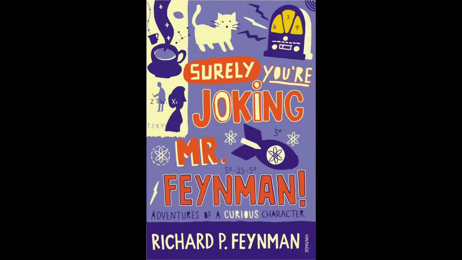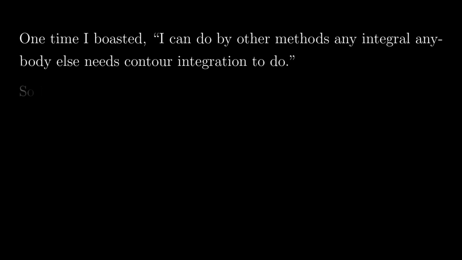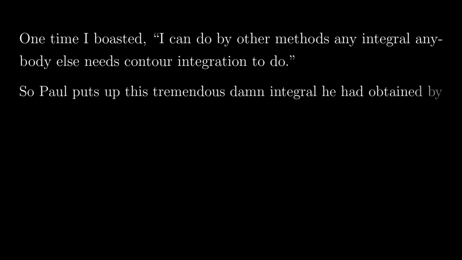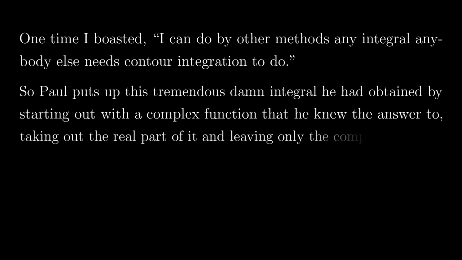From the famous book Surely You're Joking, Mr. Feynman, one time Feynman boasted, "I can do by other methods any integral anybody else needs contour integration to do." So Paul puts up this tremendous damn integral he had obtained by starting out with a complex function that he knew the answer to, taking out the real part of it and leaving only the complex part.